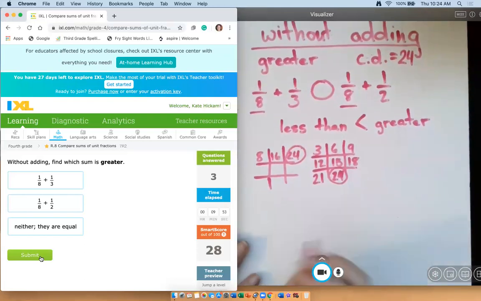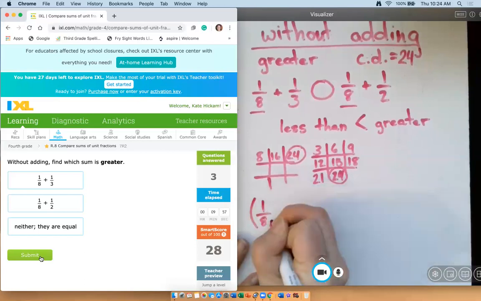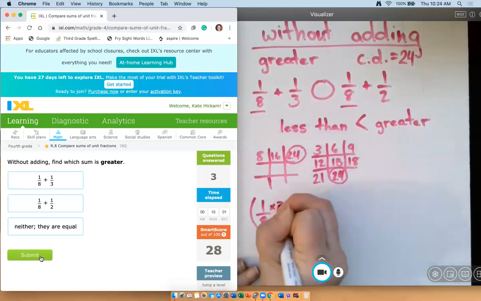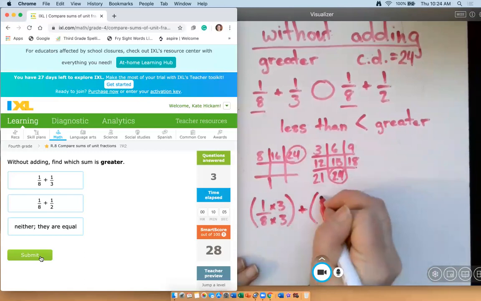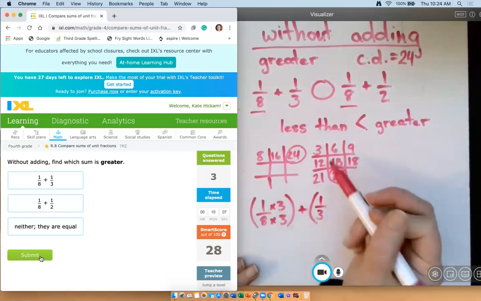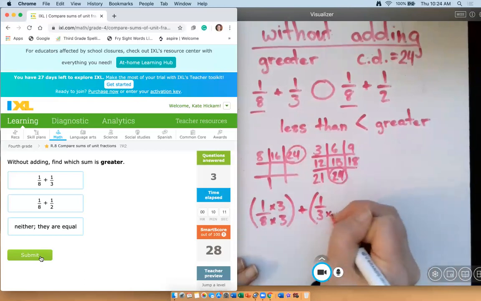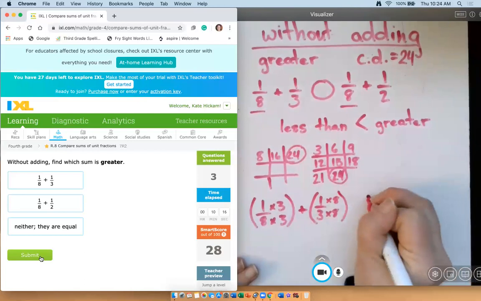So I have 1/8. 8 times 3 equals 24, plus, and then I have 1/3. 3 times 1, 2, 3, 4, 5, 6, 7, 8. That's why I leave those tic-tac-toes so I can compare it easily. And I have 1/8.